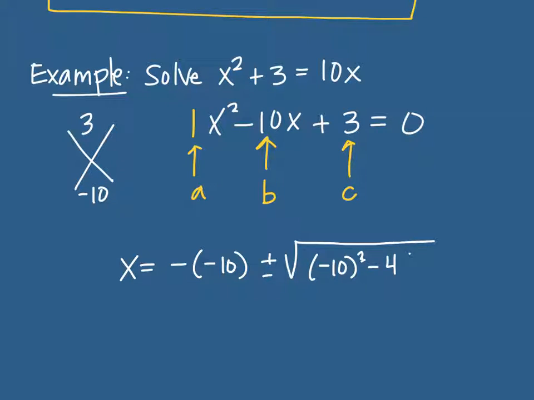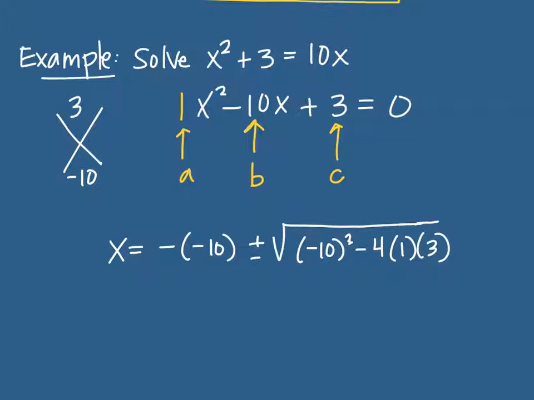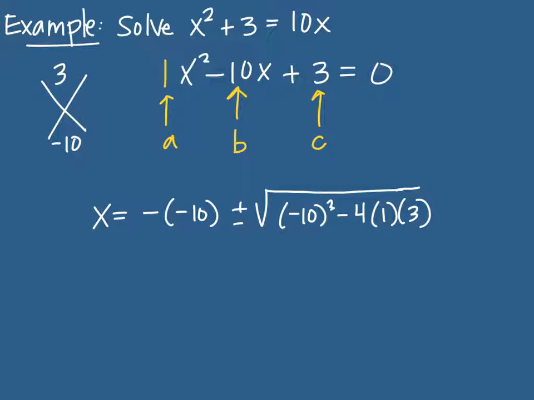Minus 4 times a, which is 1, and c, which is 3. All right, over 2a, which is 2 times 1. So when we clean that up, at the beginning, we see a double parenthesis, or a parenthesis that's got a double negative. So that'll be 10.